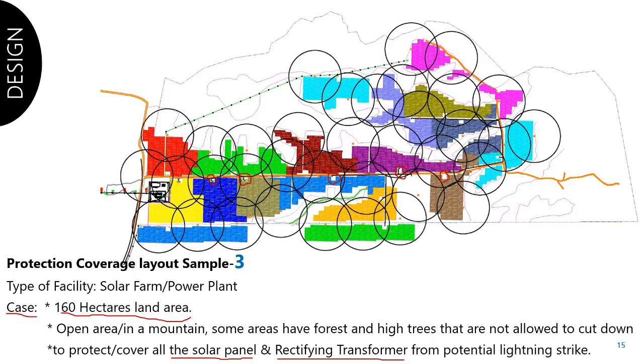If you notice, I want to protect this part. That's why most of the earth terminal locations, the LPS locations, are near the rectifier transformers, since they have a large radius protection of the LPS.